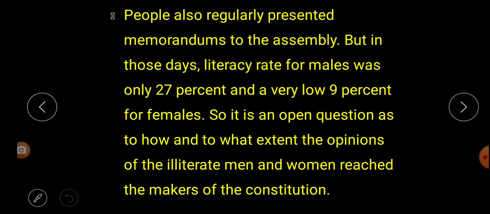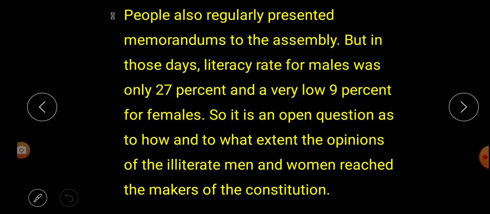So in this paragraph it is said that people regularly presented their memoranda to the assembly. That means when the Indian constitution was made, only 27% of males and 9% of females were educated, and it remains an open question how their opinions were given for making the Indian constitution.